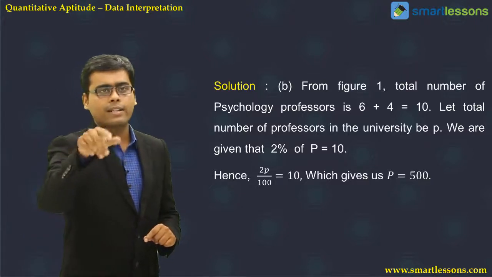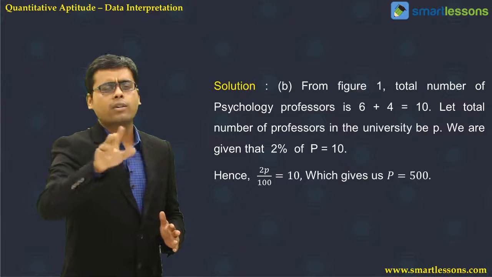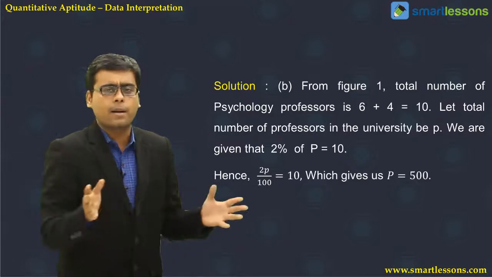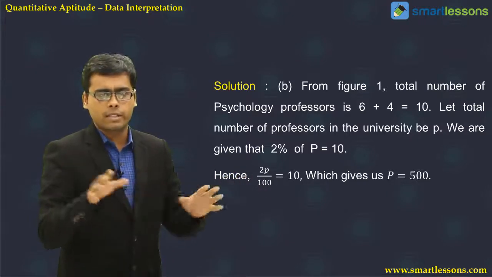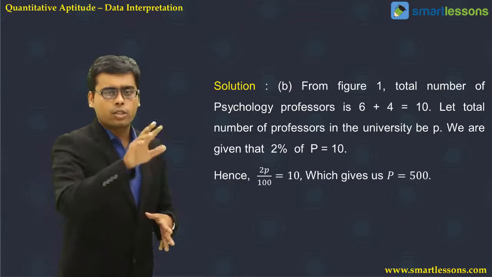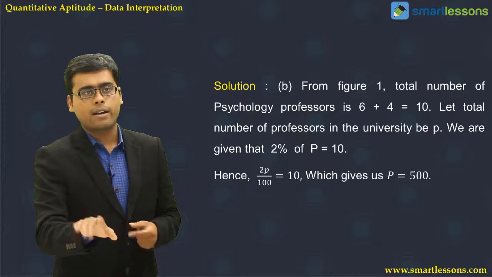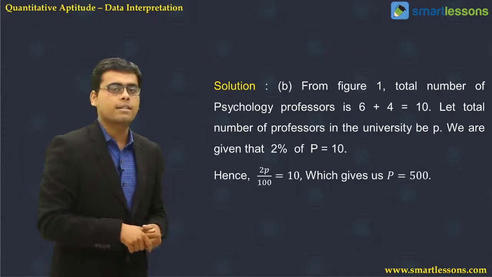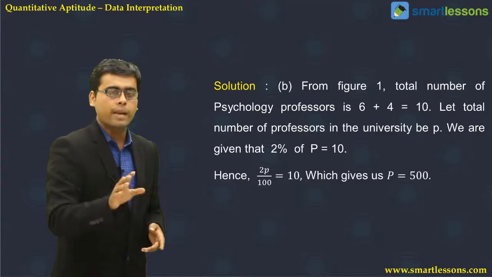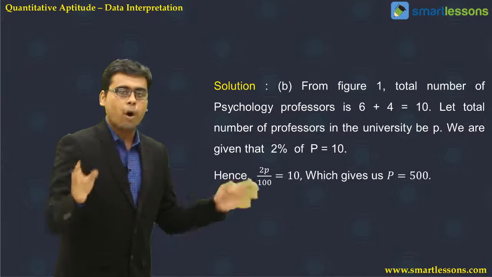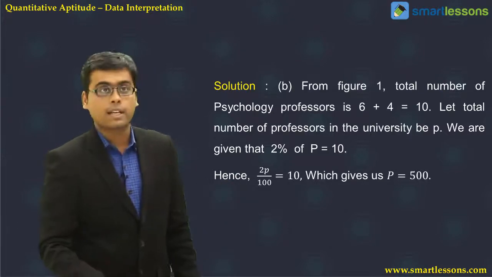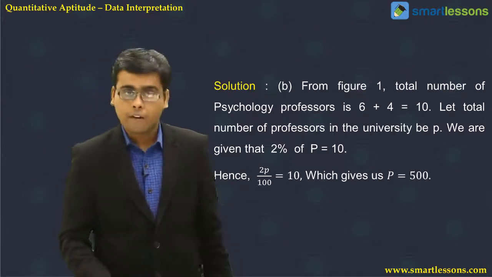If you consider P as the total number of professors in that university, then 2 into P by 100 must be equal to 10. If you simplify, you will get P is equal to 500. So it means there are 500 professors in that university. So it means option B is the right option.